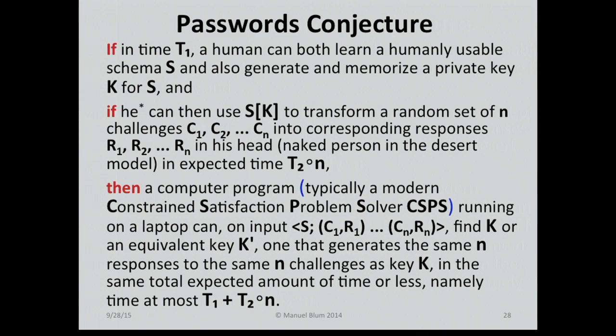I'm not even saying twice that amount of time. It's not even a constant. The conjecture is saying that you can't come up with a schema. I could have stated it as an open problem. I'm stating it as a conjecture that for any schema you can come up with, it's possible to have a program break it in that same amount of time.